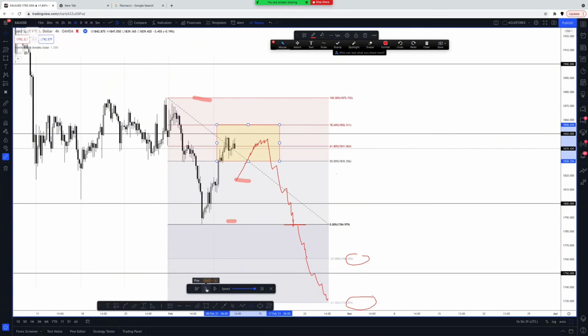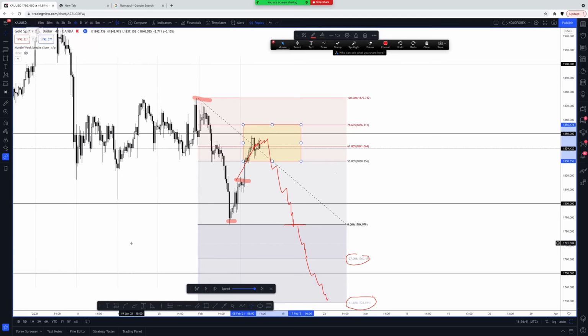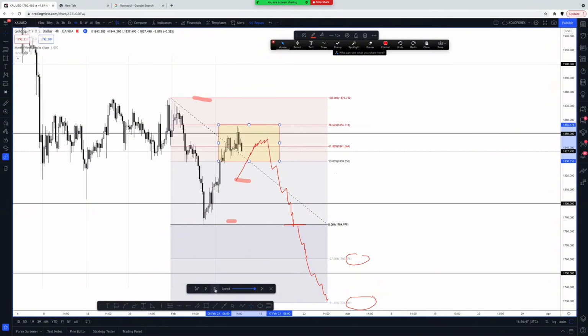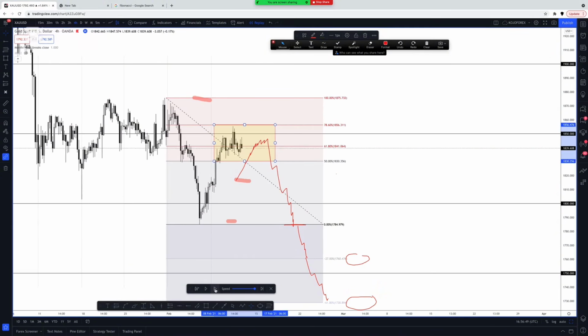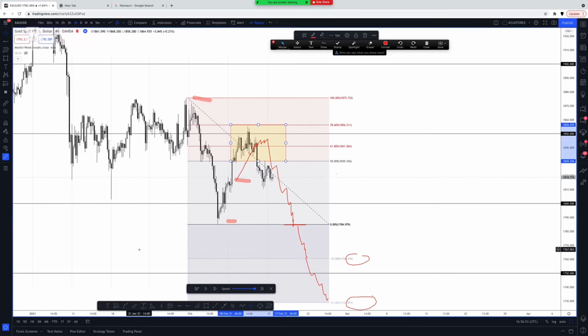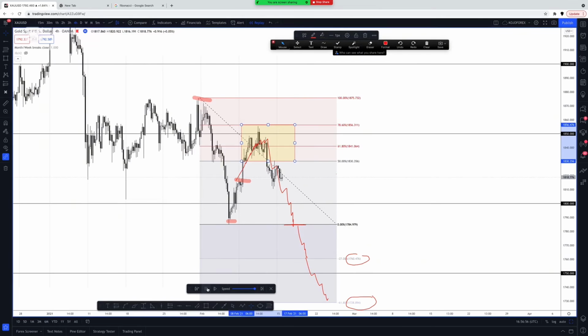So it comes into the 61.8 and the 78.6 region as I've denoted to you, right? Let's see some price action that happens here: consolidation, rejections, and then the market starts to trade and continue its movement onto the downside, right?